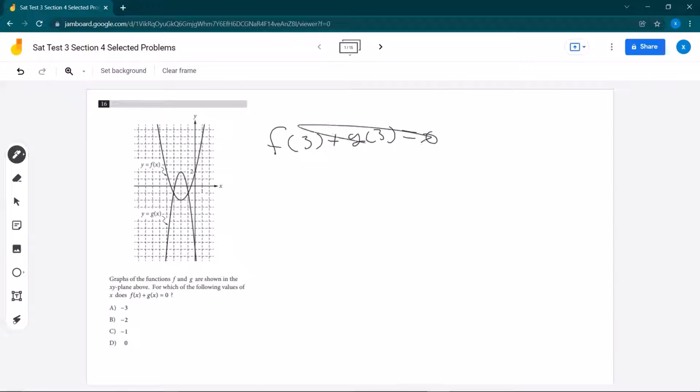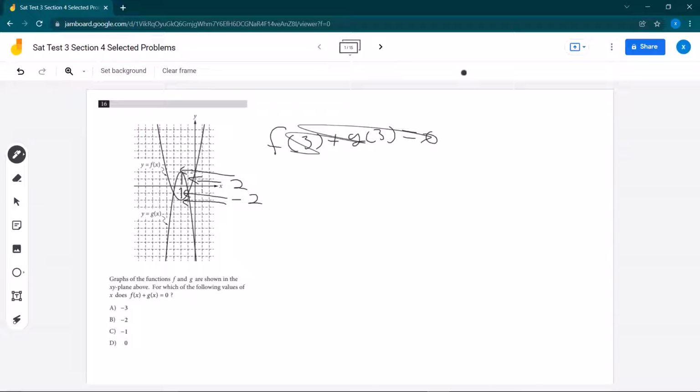Just means that these two quantities have to be opposites. So if we look at the graph, and we look at this point here, this is what stands out to me in f and g, that these each have a height of 2. This has a height of 2, and this has a height here of -2.